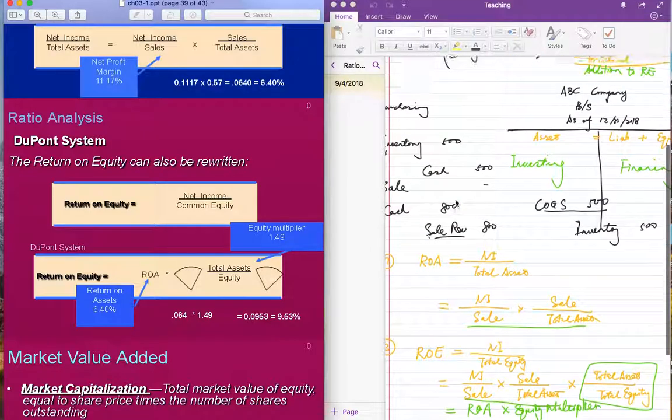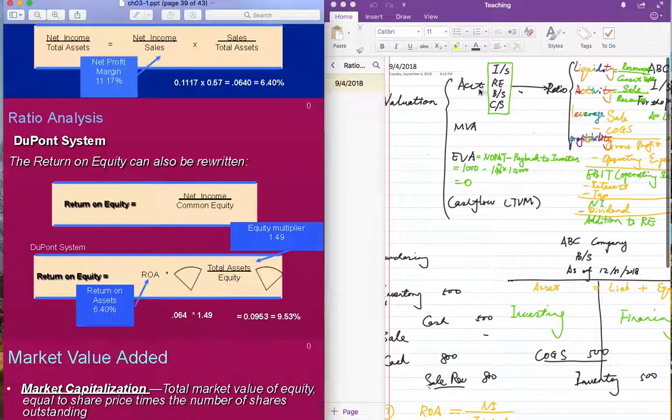Okay, so with that, we can conclude all the accounting measurements for the firm's performance.